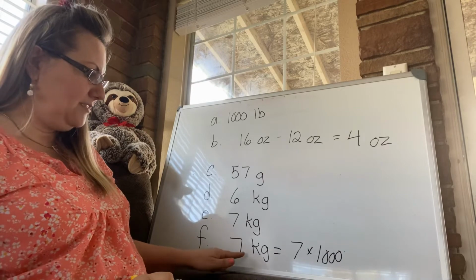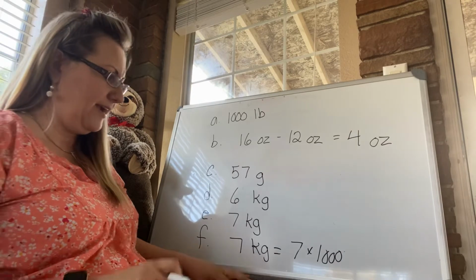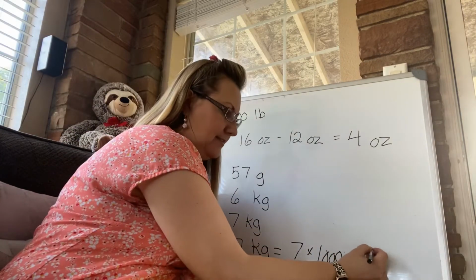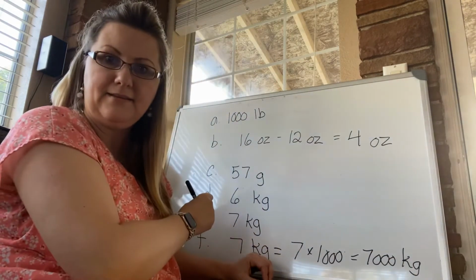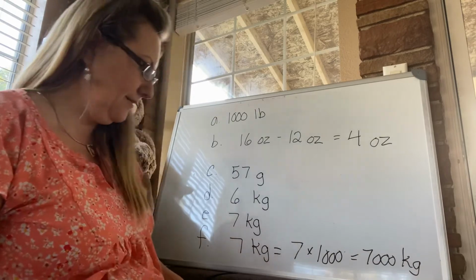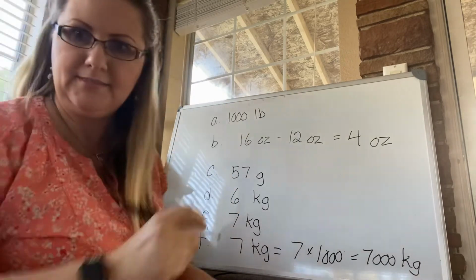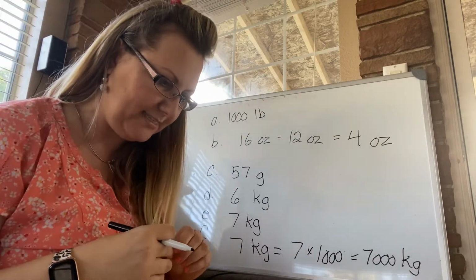So this is 7 times 1,000 grams, which is going to be 7,000 grams. Can you see that? I think you can. I'm kind of writing a little bit sideways, so it's not as neat as usual.